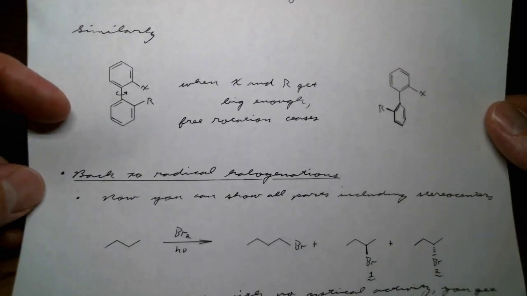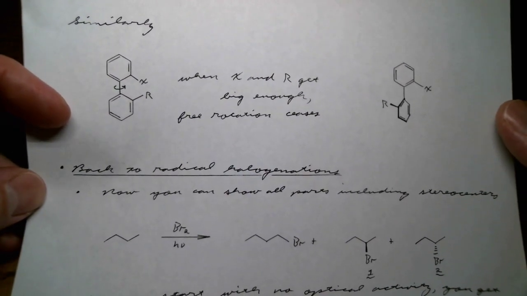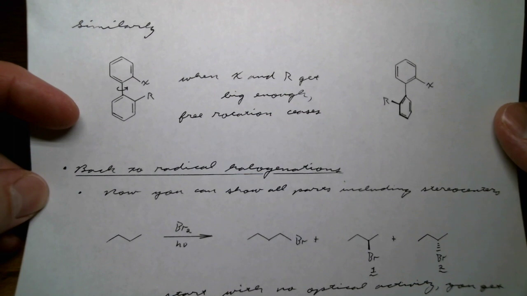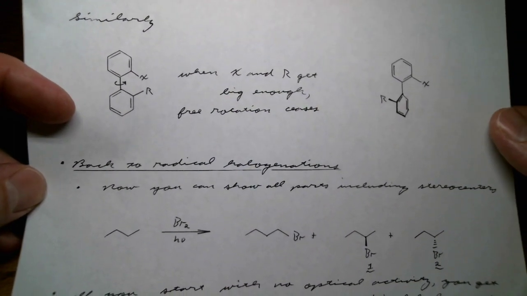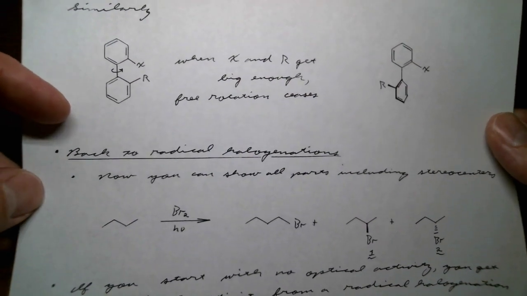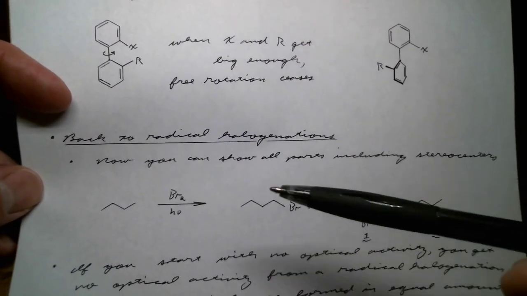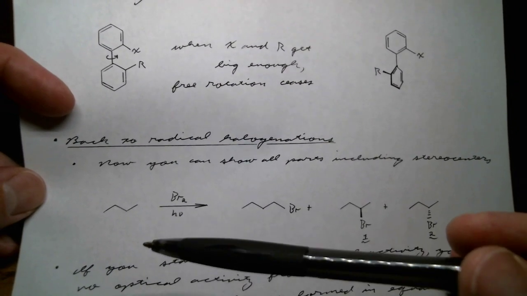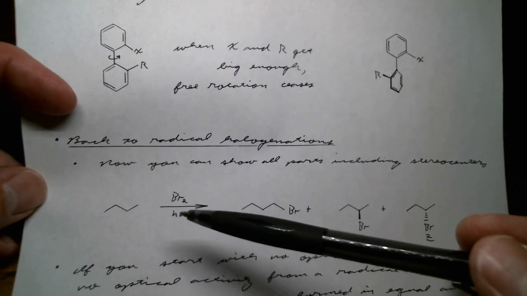So now that we have all of these ideas about stereochemistry under our belts, we could revisit radical halogenation reactions. And now we can show all parts of certain halogenations, including stereocenters. So let's, for instance, take the bromination of butane.